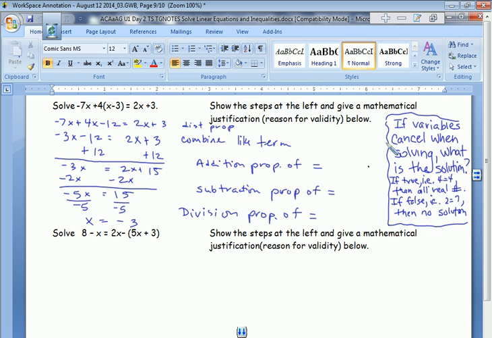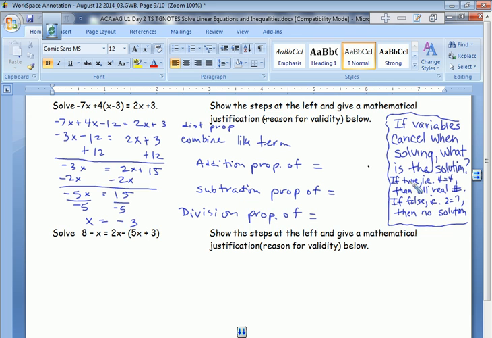Okay, I have a little reminder over here. Our reminder says, if we're solving a linear equation and we get to the end and our x cancels out, like we have 5x minus 5x and it goes away, there's two possibilities.